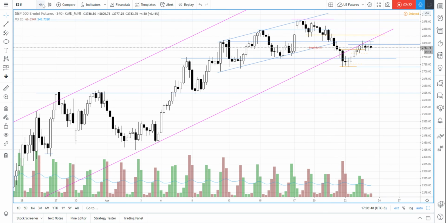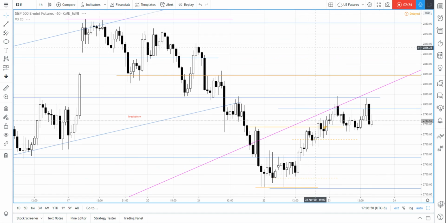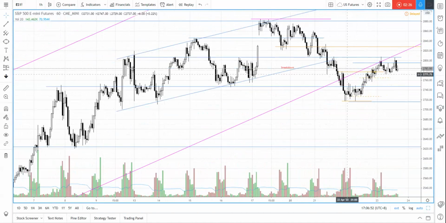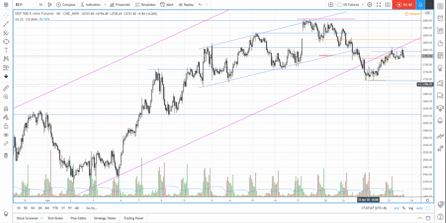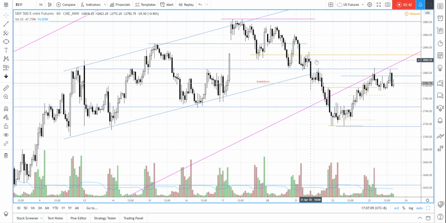So if we zoom into H1, we can see that we did have a breakdown bar in the Asian session. It's just a breakdown from this little channel, and subsequently we have another breakdown from this bigger channel. This breakdown bar is actually very close to this axis line at 2830.